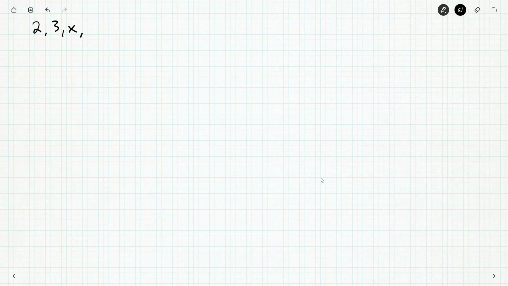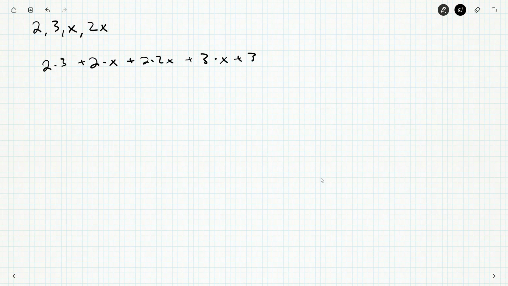2, 3x, 2x. So we know it's the product of 2 times 3 plus 2 times x. I'm just going to do 2 and then everything, and then 3 and then everything, and then x and everything, but that's 2x that's left at that point. 2 times 2x plus 3 times x plus 3 times 2x plus x times 2x, and they tell us this is -7.